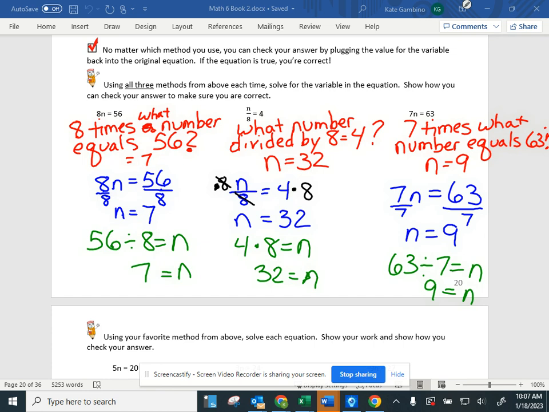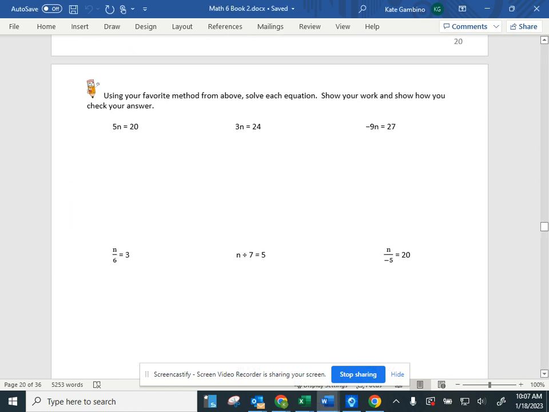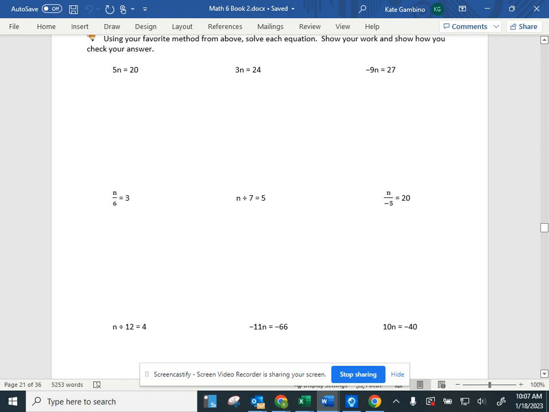All right, let's look at our next page, your work page for today. So using your favorite method, solve it. Some, it's going to be easy to do the logic, but just like yesterday, when we got closer to the bottom, it got a little bit harder.